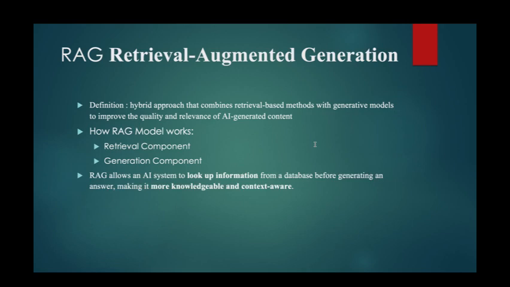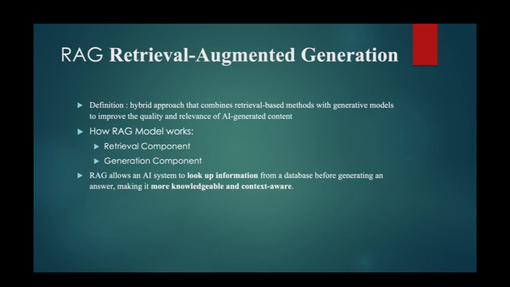Then, from the generation component, a generation model like GPT or a similar transformer-based model uses the retrieved information to generate a more contextually relevant, accurate, and coherent response or content.